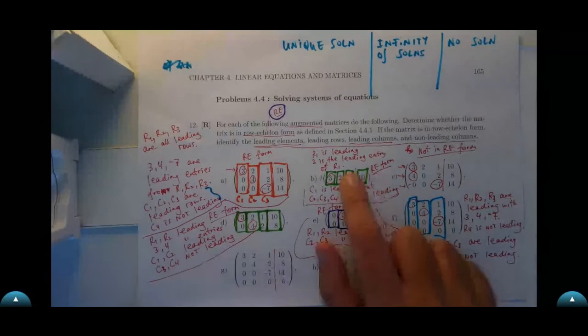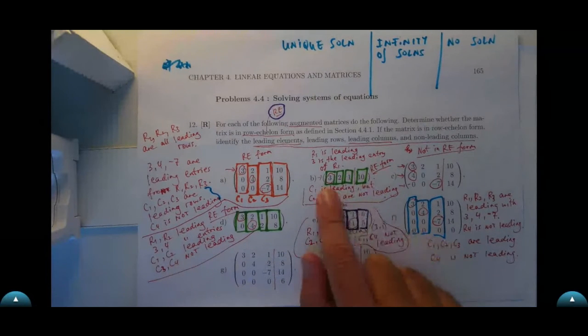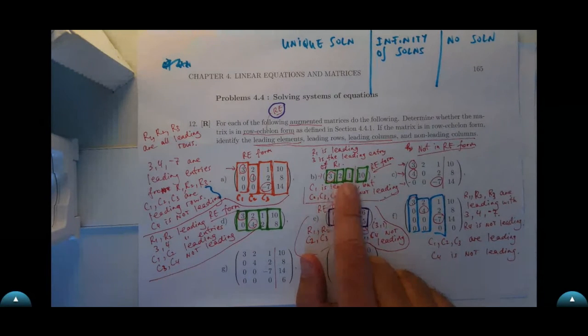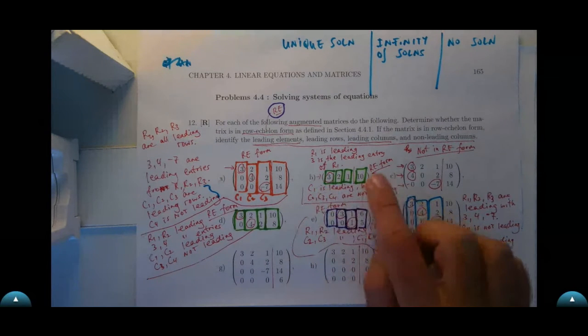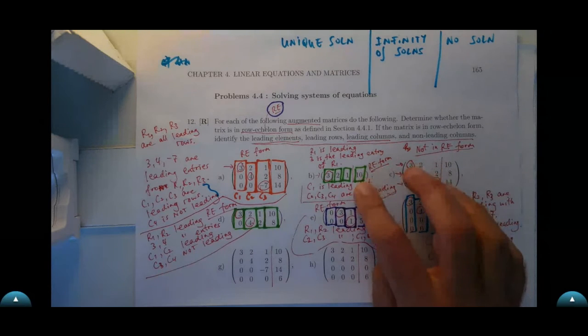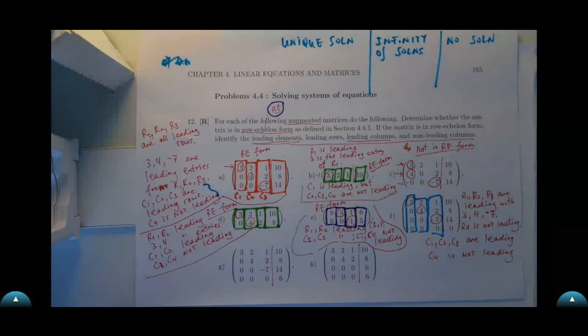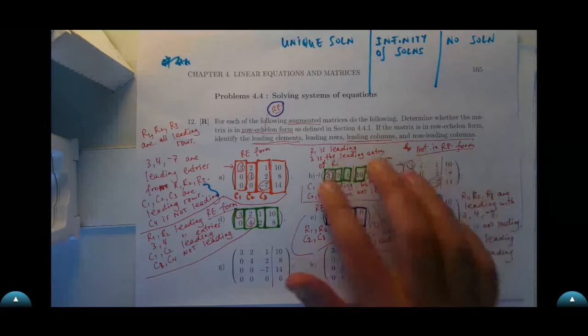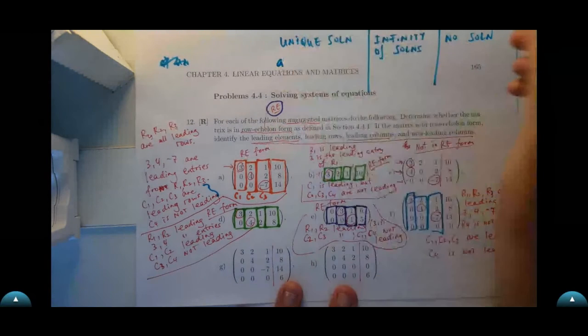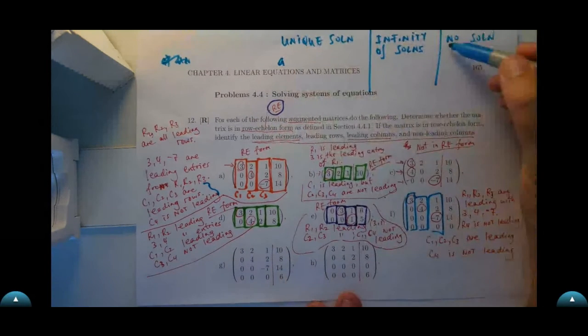Anyway, with the next one, what do you notice about this one? You've got one leading column and two non-leading columns on the left-hand part of the augmented matrix, and the right-hand column is not leading. So who can tell me what situation this would give you? A unique solution, an infinite number of solutions, or no solution?